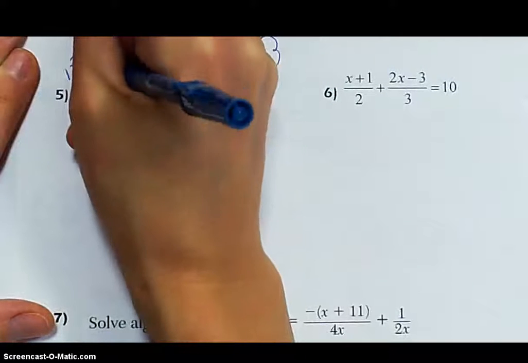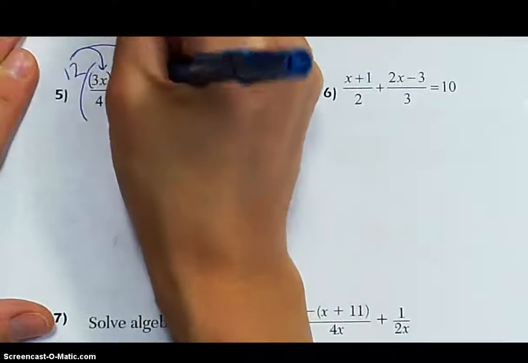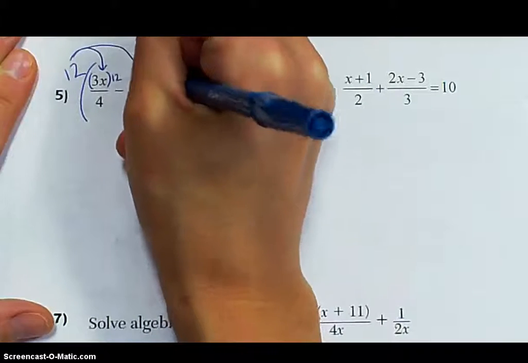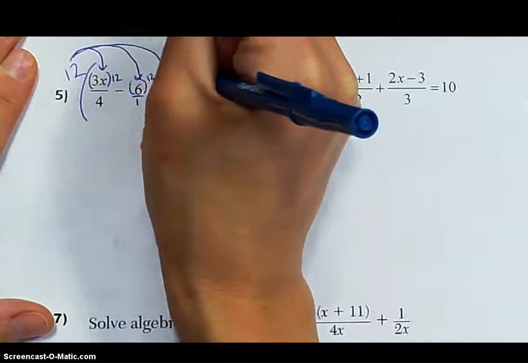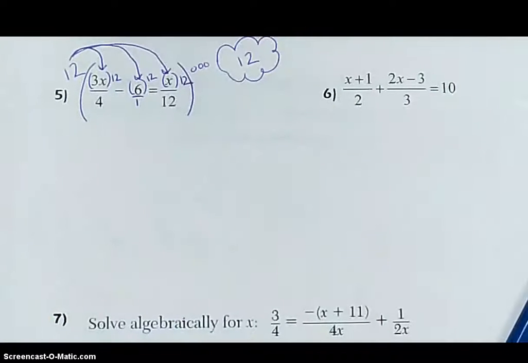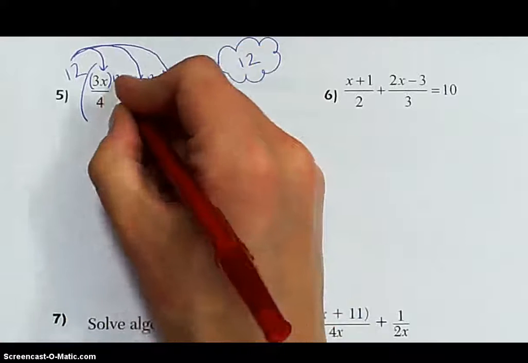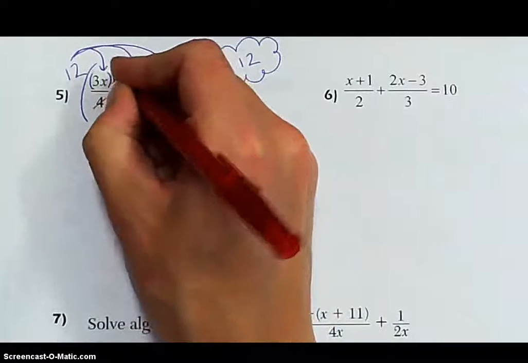Okay, so we're going to take 12 and multiply it to the first fraction. We're going to take 12 and multiply it to the second, and then take 12 and multiply it to the last. So let's see. Can this help us get rid of the fractions? Well, 4 goes into 12 3 times.